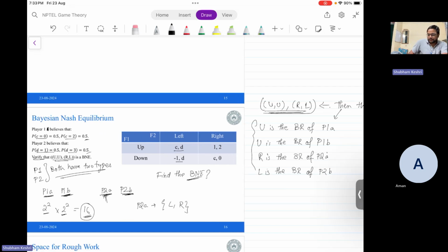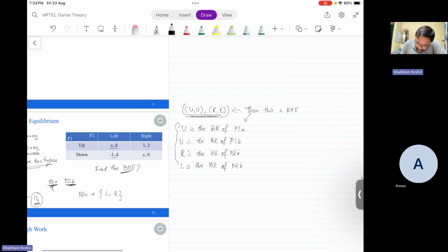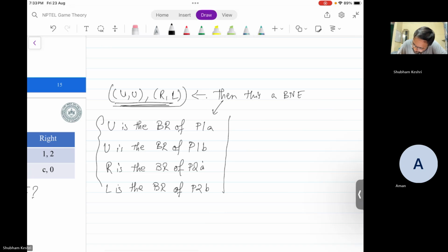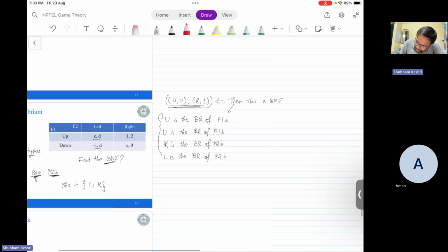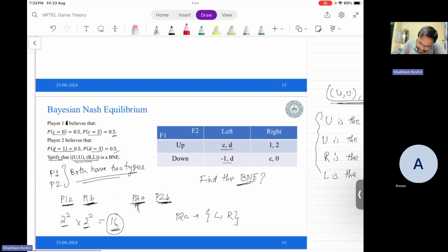All right. So I'll write few things for your understanding. You see there are these unknowns C and D. When player 1A, what do I mean by player 1A? Player 1A means C is equal to 0, right?